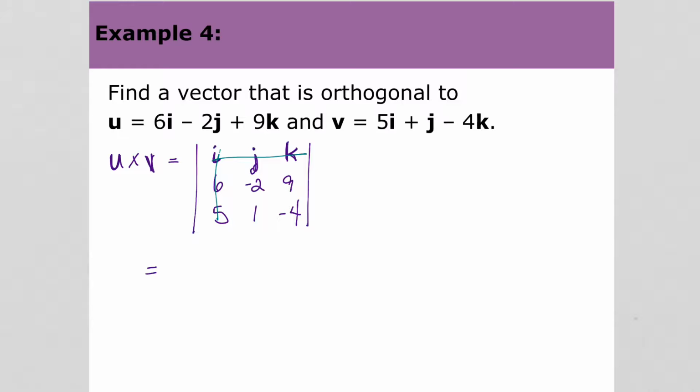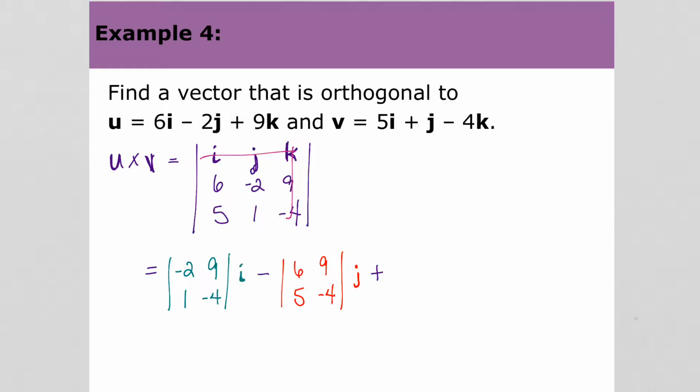We're left with -2, 9, 1, -4, times i. Minus, cross out j. We're left with 6, 9, 5, -4, times j. Plus, cross out k. We're left with 6, -2, 5, 1, times k.